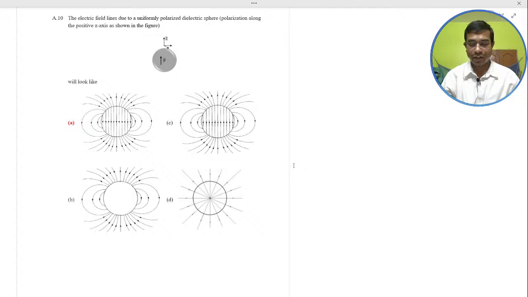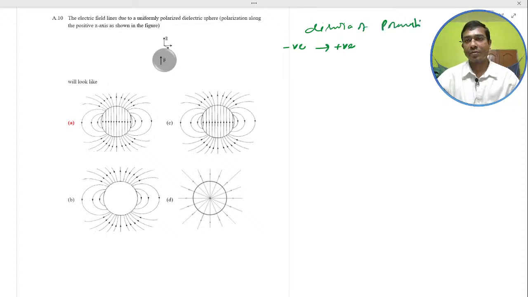The direction of polarization is from negative to positive charge. However, the direction of the electric field is positive to negative. This is the concept. Very important.